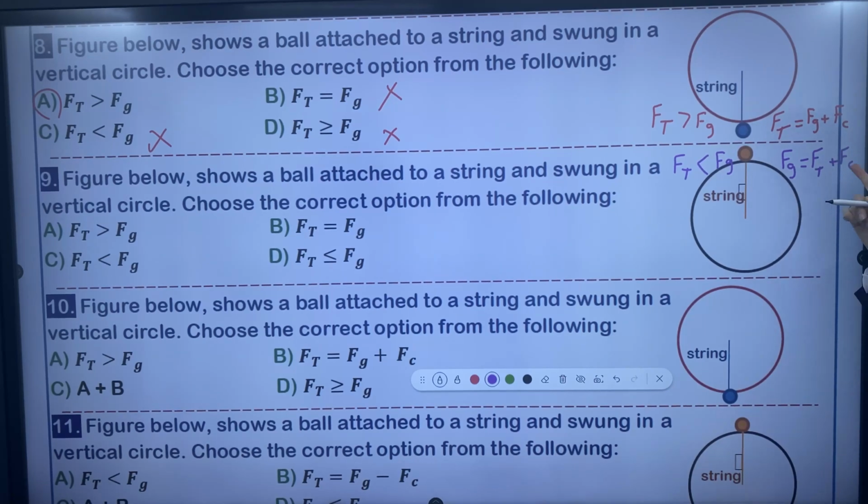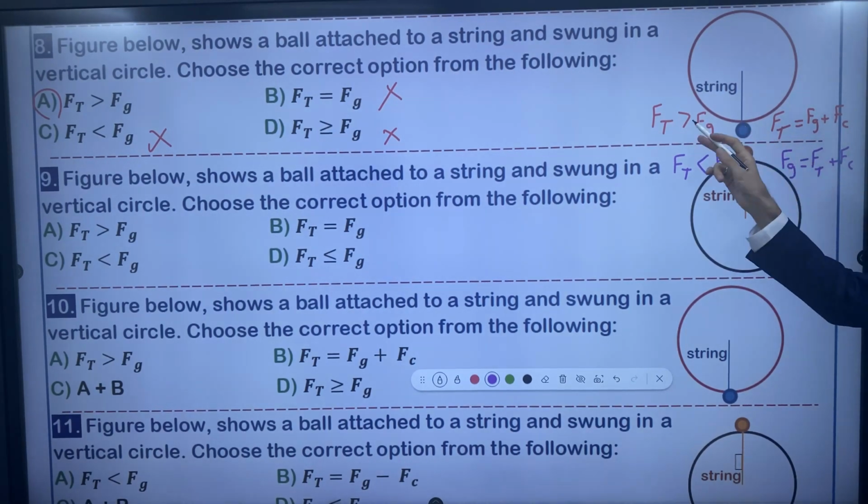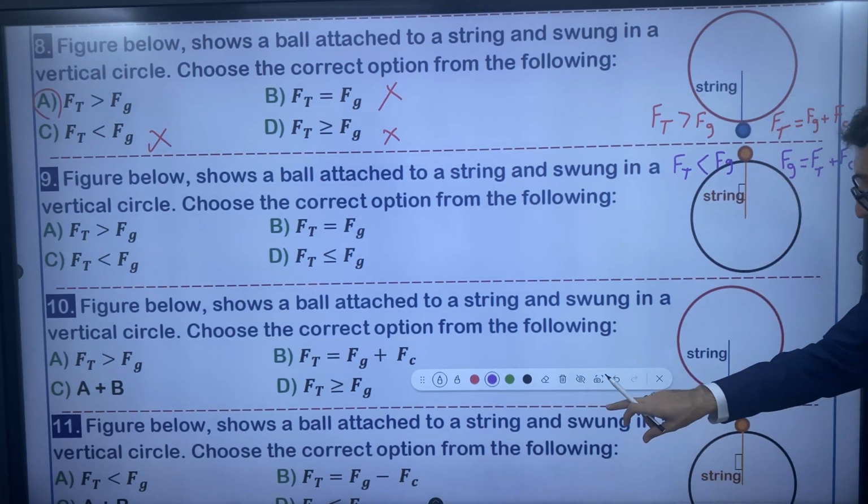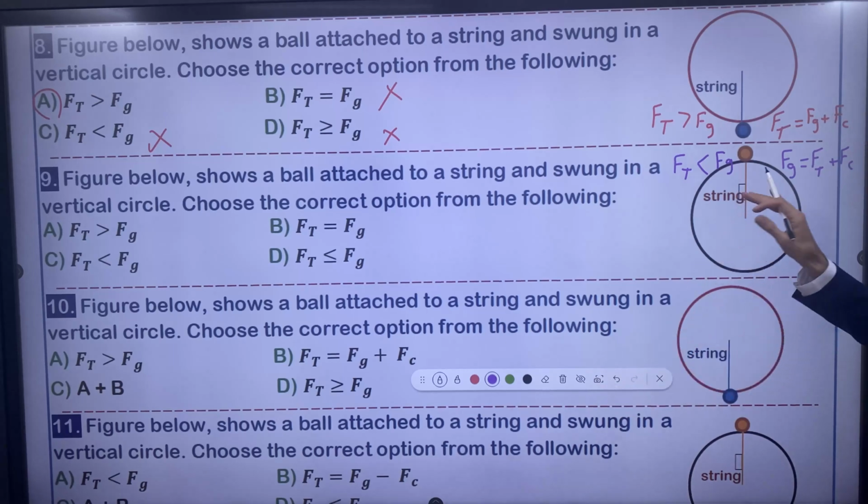So here, Ft is less than Fg. Fg becomes a summation of Ft and Fc because Fg is greater. But in the previous case, Ft was the summation of Fg and Fc because Ft was greater. So anyway, we are here, right?